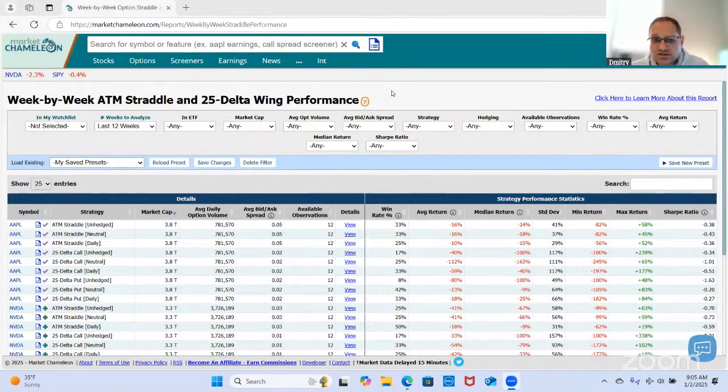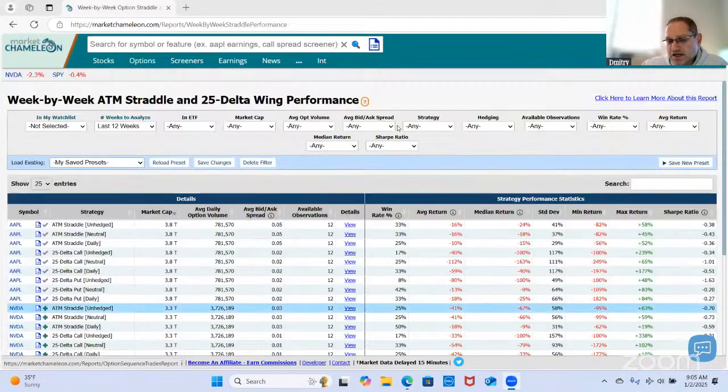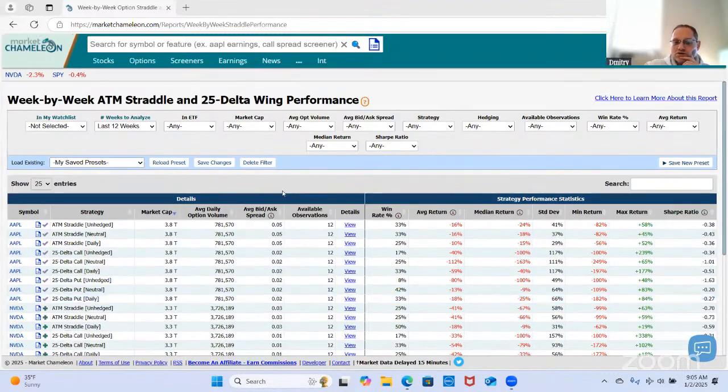Now, to find this particular page, we could go under the options menu up top, and over here, tools, straddle and wing backtest. That's what I'm on. You click on that and you end up on this page. Here we have some filters up top, and then the data table below that you can filter.